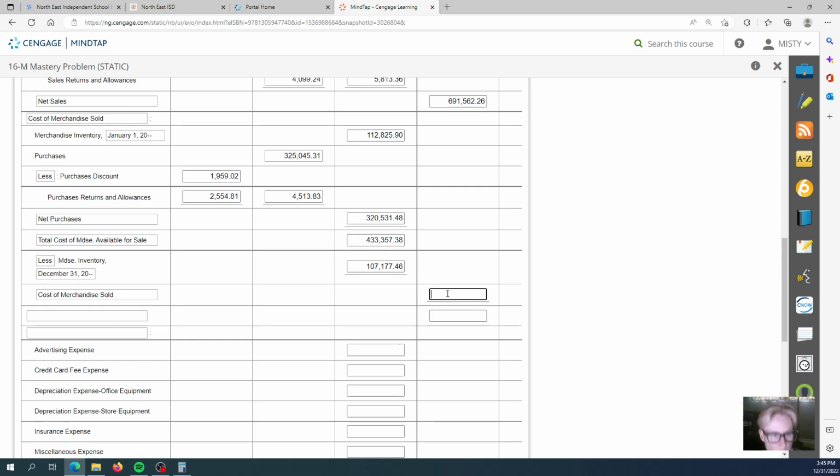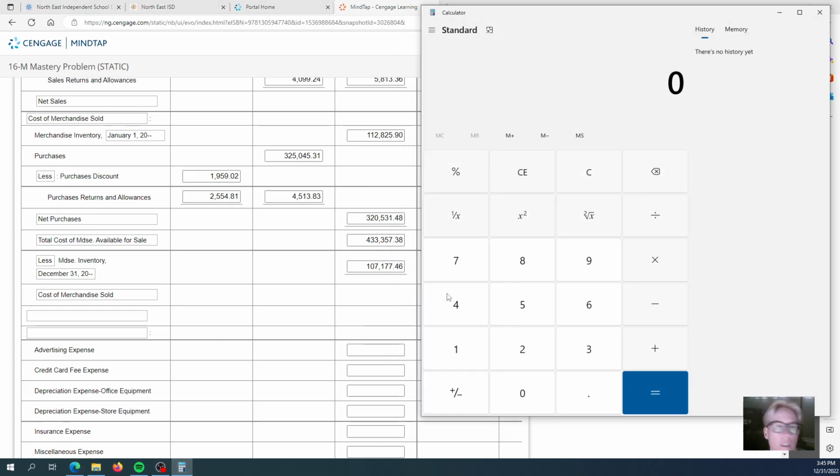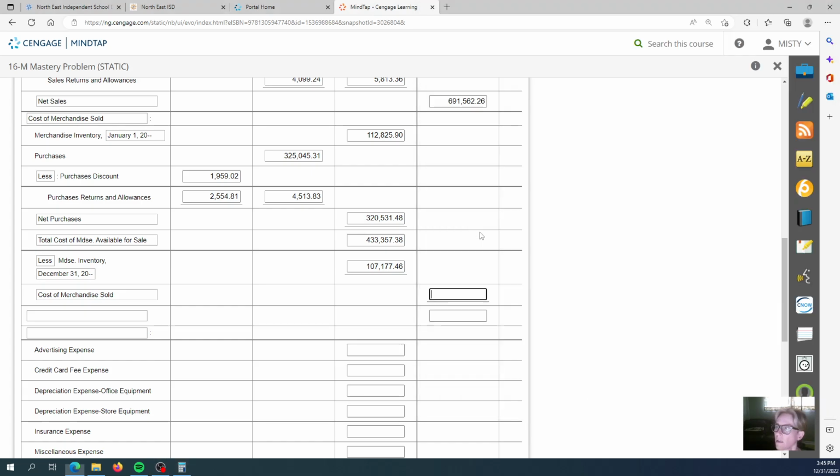Okay, pull out my calculator and do some calculating. 433,357.38. Subtract 107,177.46. There we go. All right, 326,179 and 92 cents. Okay, cost of merchandise sold.